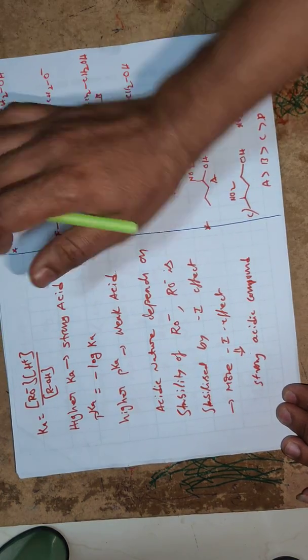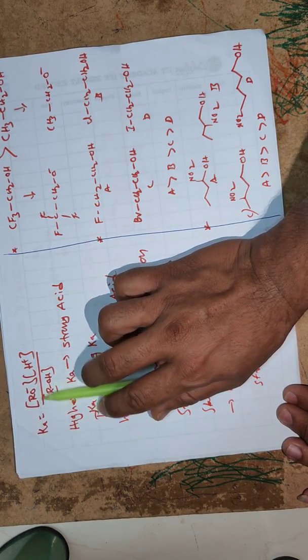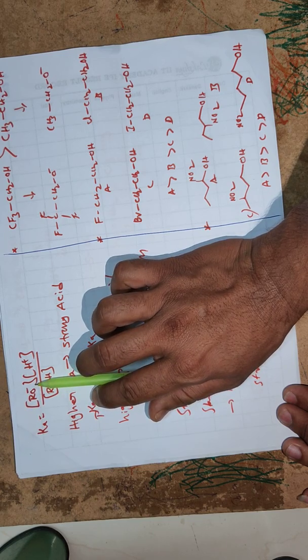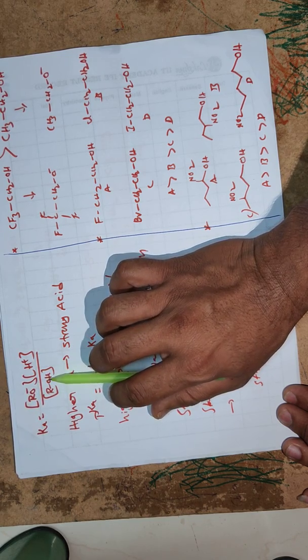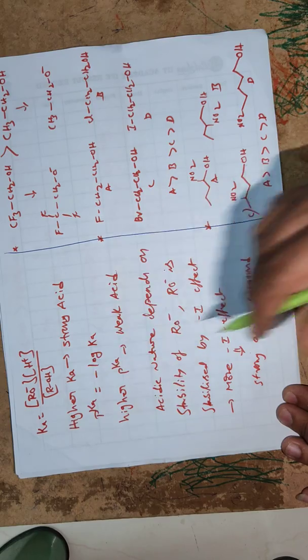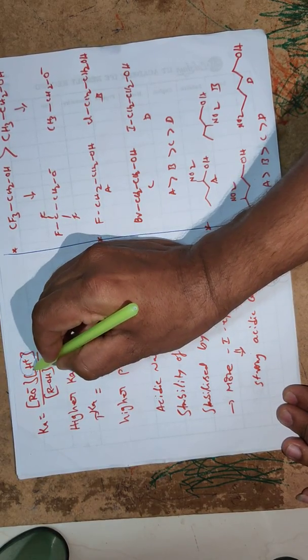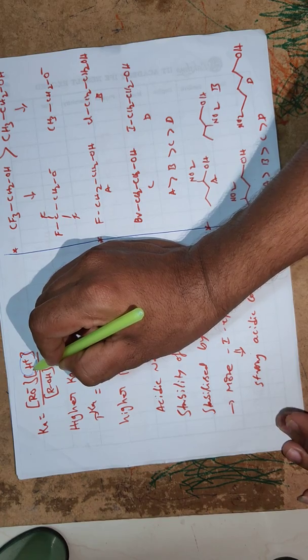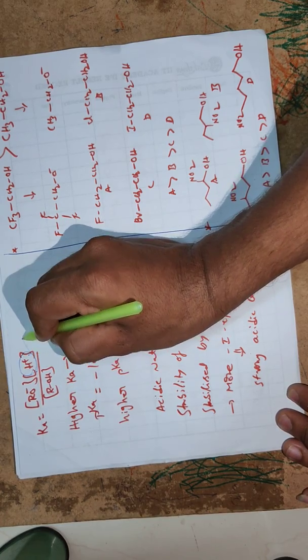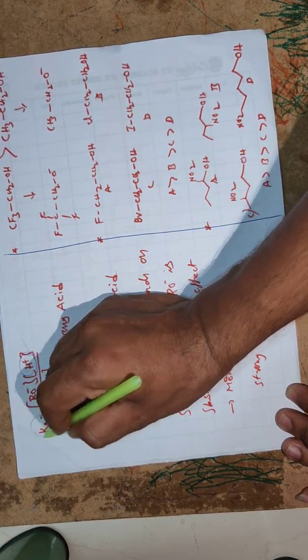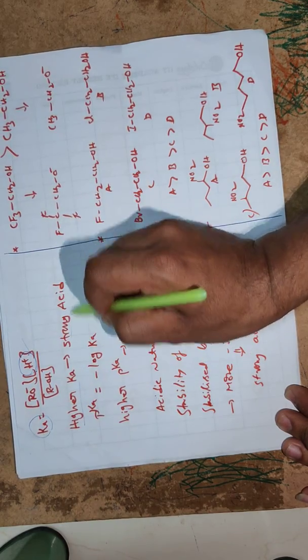Ka is defined like this. It is the ratio between the concentration of the products, the concentration of H plus, and the concentration of the reactant. So the higher the concentration of H plus, the higher the acidic nature, and the higher the Ka value. Higher Ka value means stronger acid.